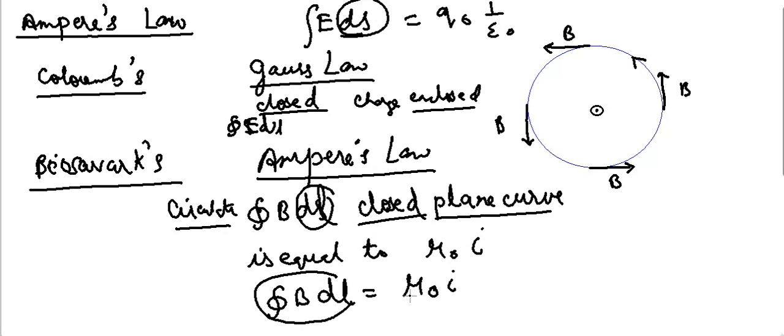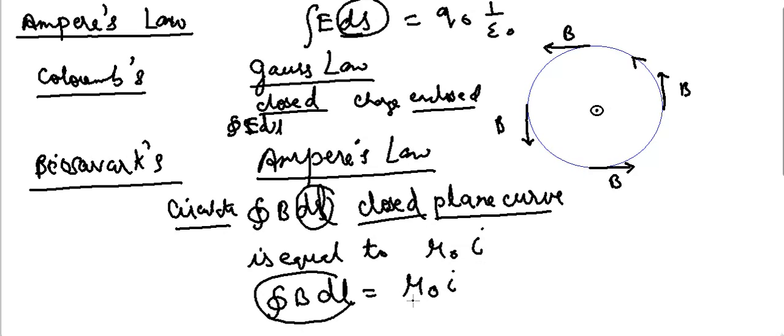This is equal to, there it was charge, stationary charge. We know that electricity is related to stationary charges, so there it is Q naught. Magnetism is related to motion of charge, and motion of charge is nothing but current. So this term must be current in place of Q in Gauss law.